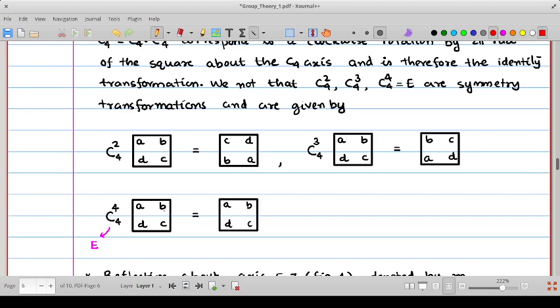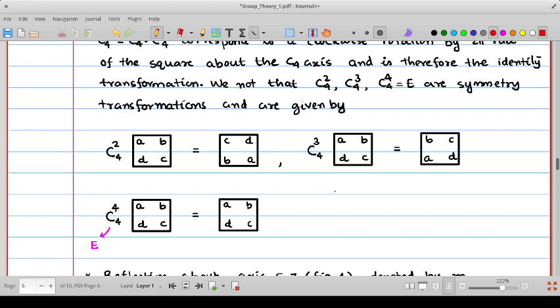So the result of this, even with the labels, is the same figure with the same set of labels. That means a rotation by 2 pi radians, which is four pi by 2 rotations about the same C4 axis, leaves the system completely unchanged. So it does nothing to the system. This is the identity operation.